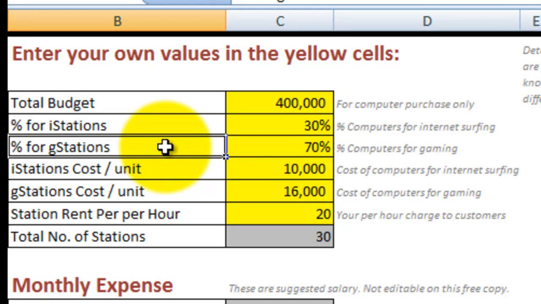Okay, so the next row, you need to provide the per unit cost of those computers that are for internet surfing alone.